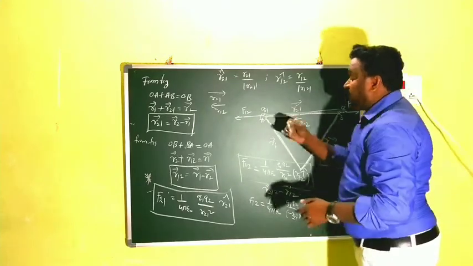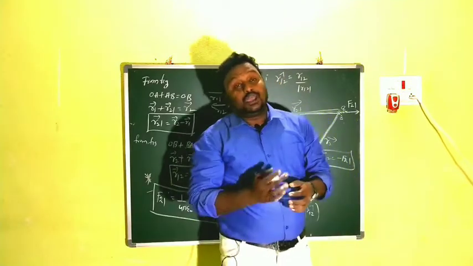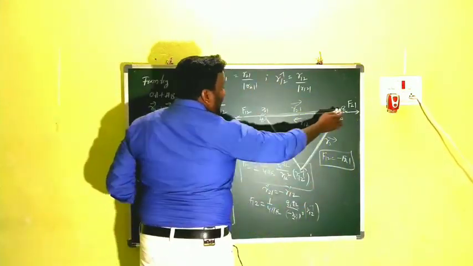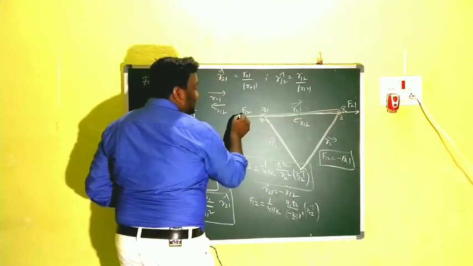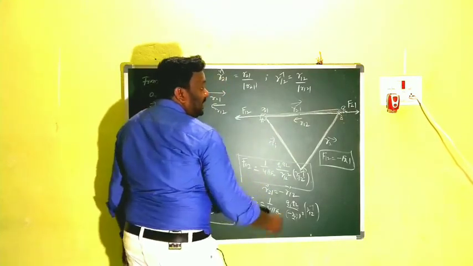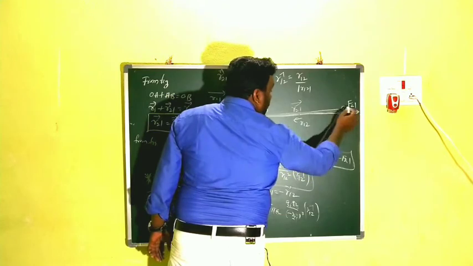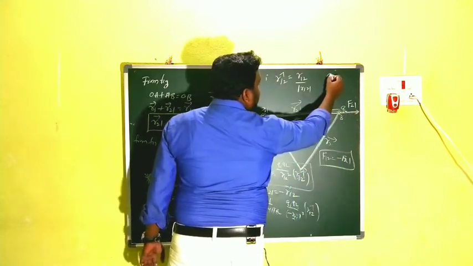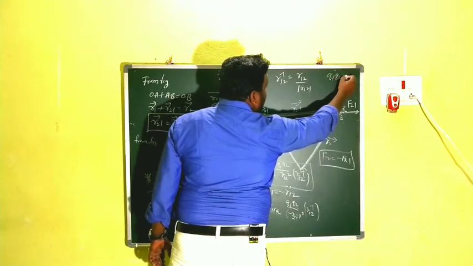In this case, F12 is the force on Q1 by Q2, and that should be in this direction. Clear? And now F21, the force on the second one by the first one, should be in this direction. Now I am saying Q1 Q2 is greater than 0.